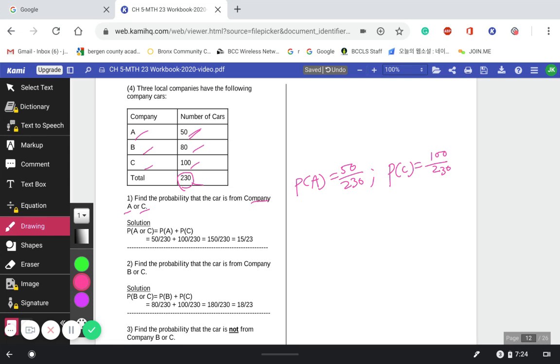Then the probability of A or C, or C or A, the order doesn't matter. A or C would be 50 out of 230 plus 100 out of 230. So that makes 150 out of 230.